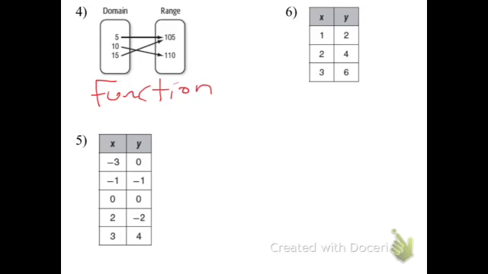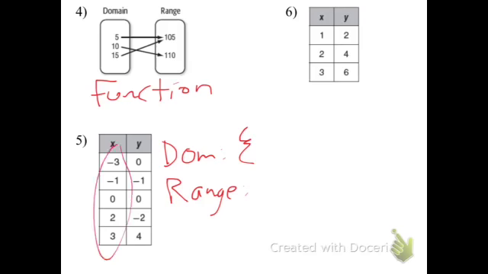Okay, so let's move on to number 5 here. The domain and the range, again, domain are the x values, the range are the y values. So here, your x values are here. That's what you would list in your domain here. So -3, -1, 0, 2, 3.